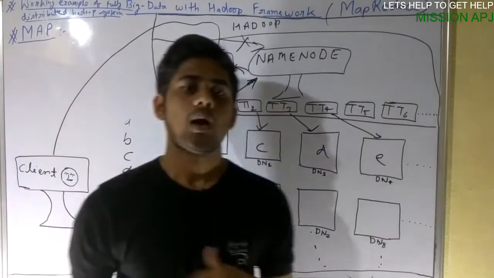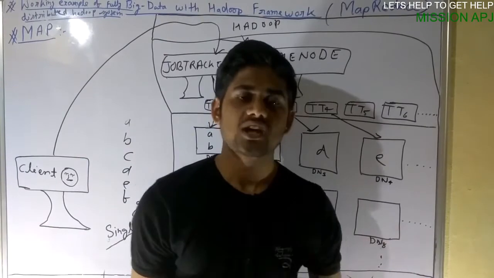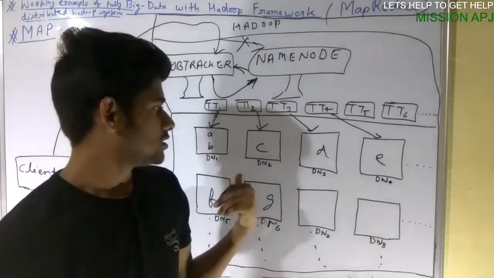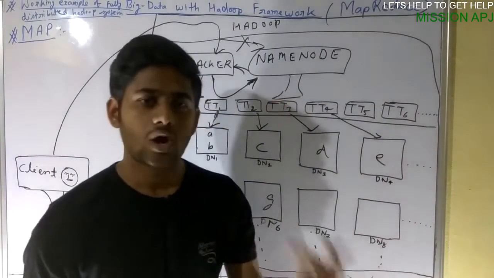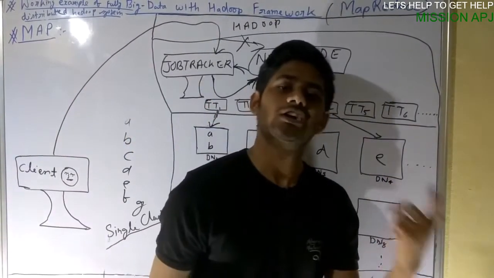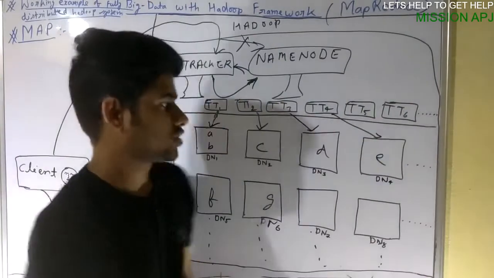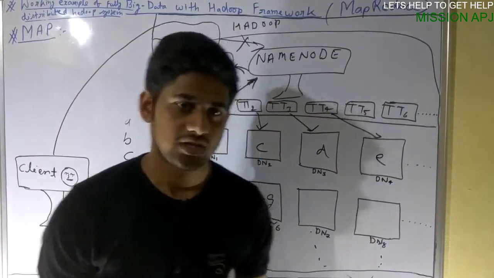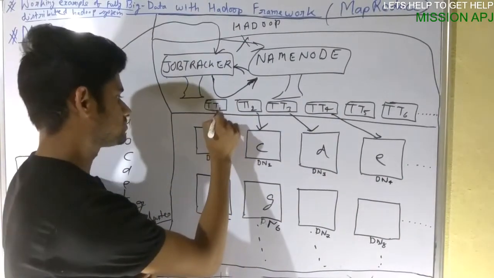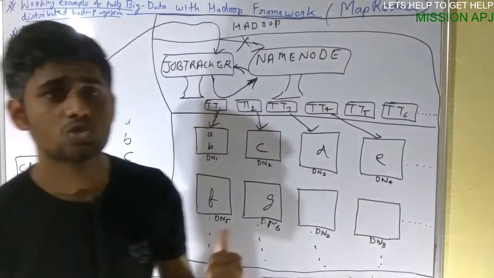A task tracker may have several instances, depending on whether the assigned task tracker needs to work on one slot of the data node or different slots of the data node. So suppose on these two files a task tracker needs to work. What it does is initiate two processes.